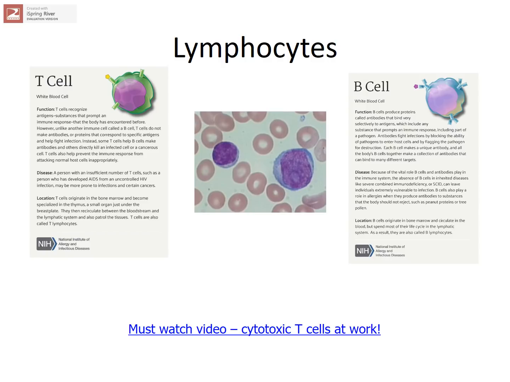T cells sometimes help the B cells make antibody, and sometimes they are what we call cytotoxic and actually destroy pathogens or abnormal cells directly. At the end of this slide, you should pause the playback and watch the linked video of cytotoxic T cells at work.